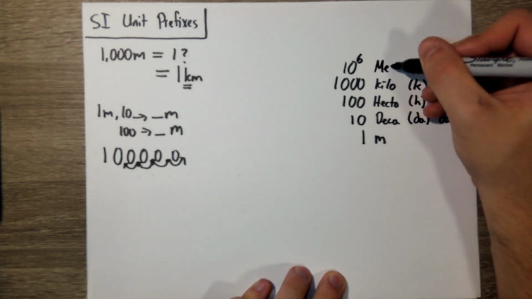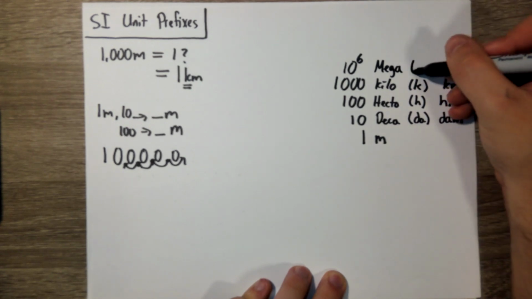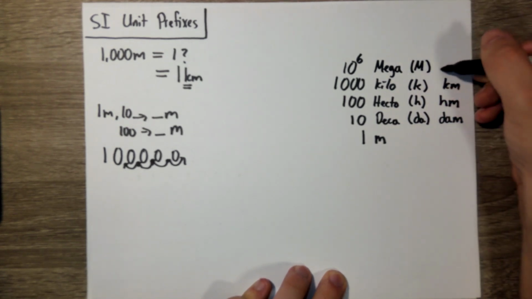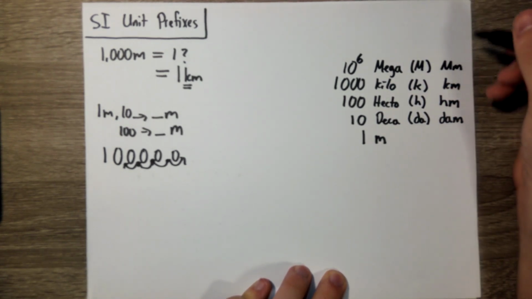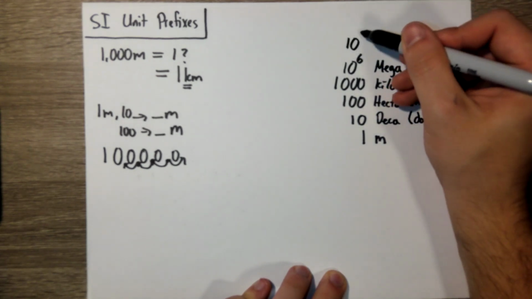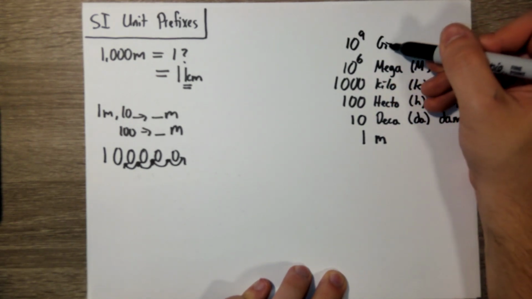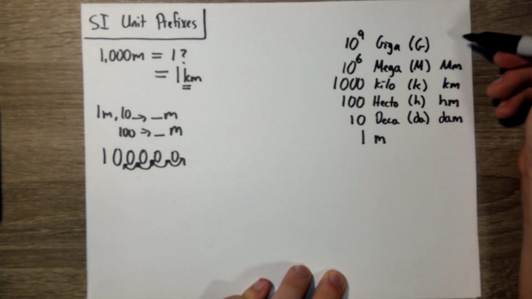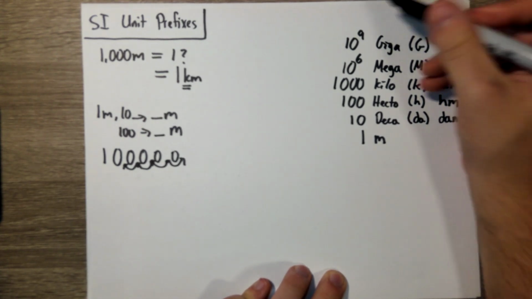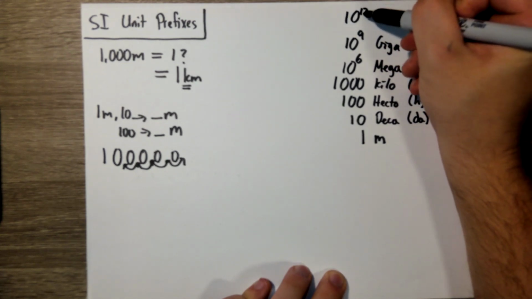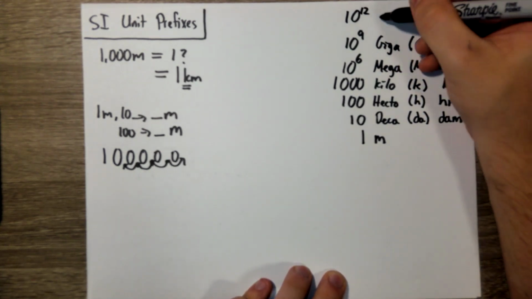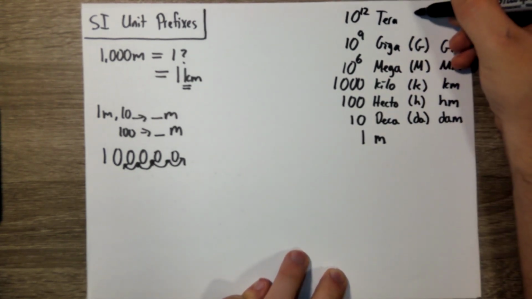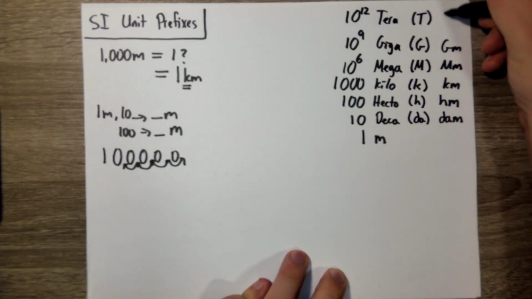This is called mega, given by capital M, megameter. A billion is giga, capital G, gigameter. And now finally a trillion is called a tera, capital T.